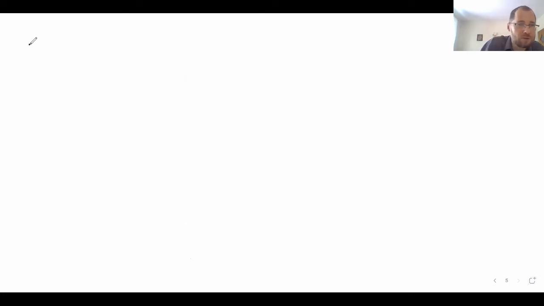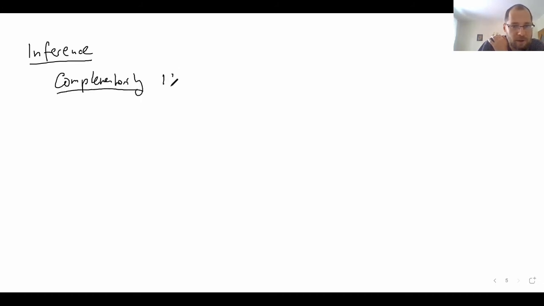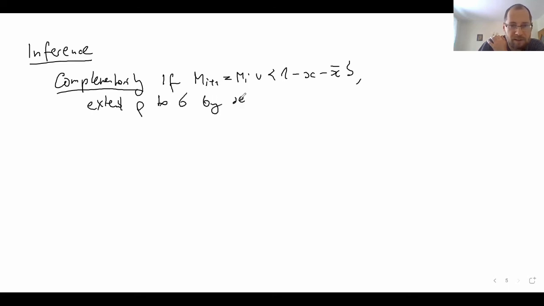Inferences: there are two slightly non-trivial cases of inference in polynomial calculus here. Complementarity is one. So if M_{i+1} is M_i union 1 minus x bar, extend rho to sigma by setting x.